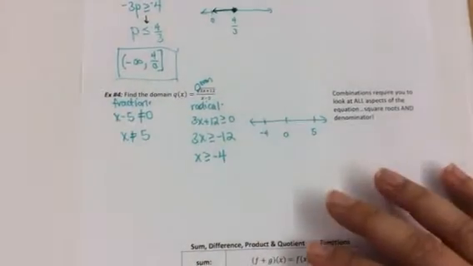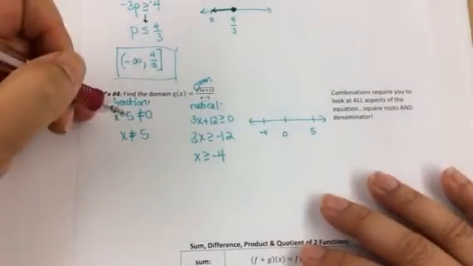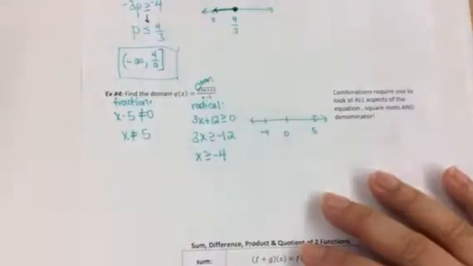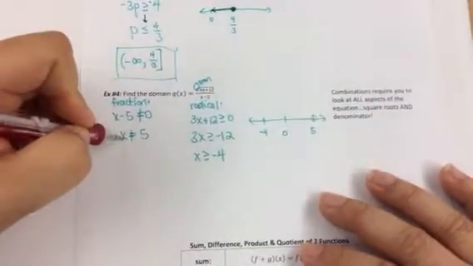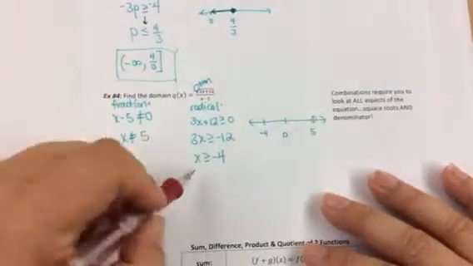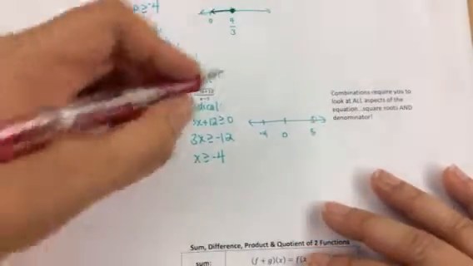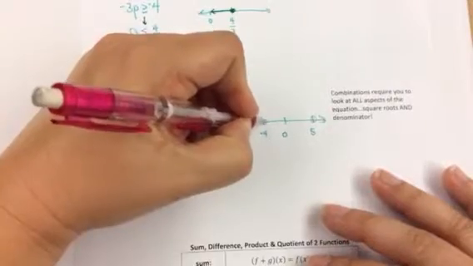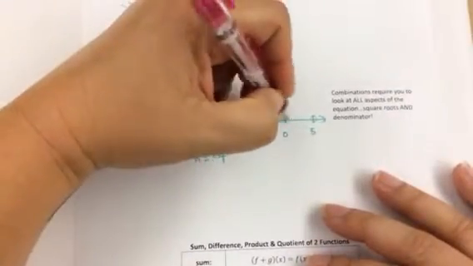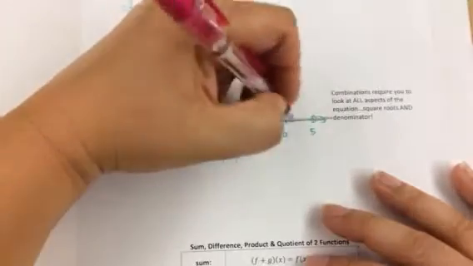Okay, so can't equal 5, open circle. Can't equal 5. That means all the numbers on the number line except 5. Also, greater than or equal to, filled in circle. Greater than goes to the right. So that would be that.